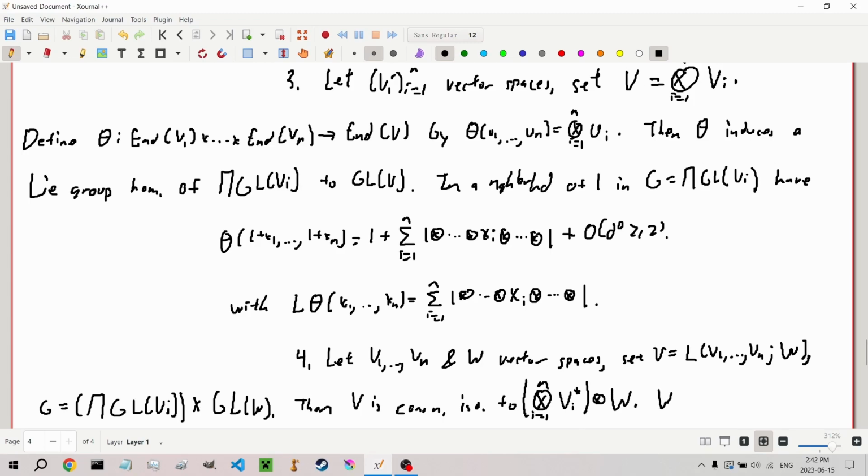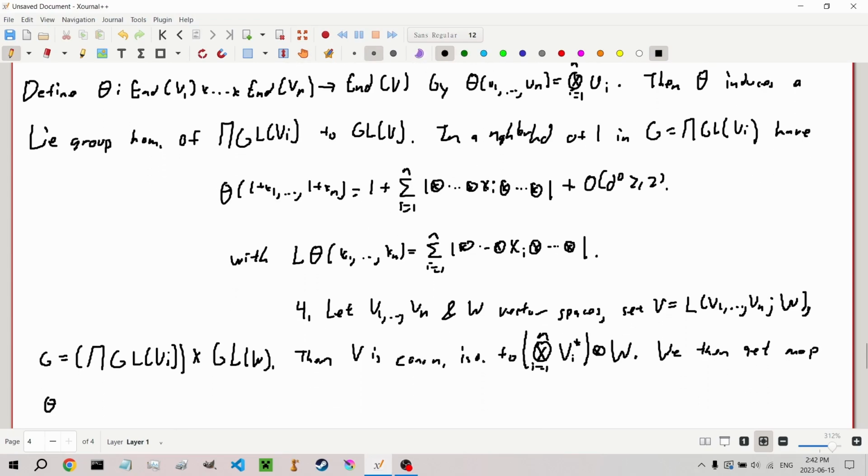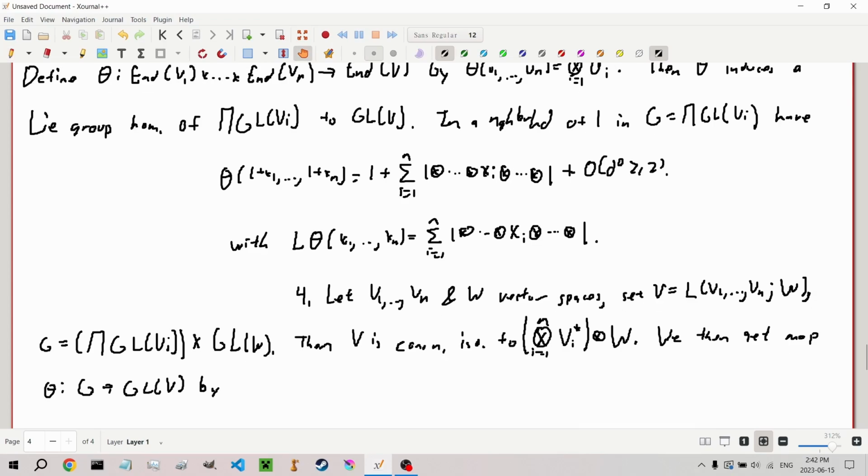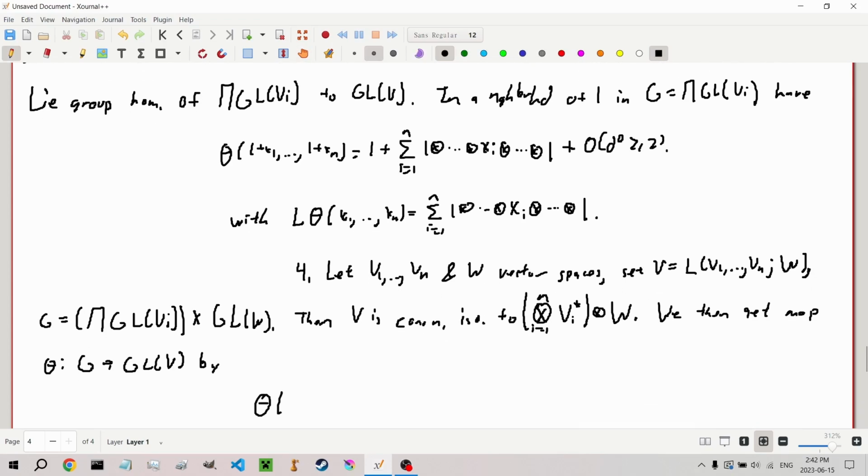We can then obtain a map from our previous examples, theta from G to GL of V, by theta of U1 through UN through W on V being W composed with V composed with the tensor product from 1 to N of Ui inverse.